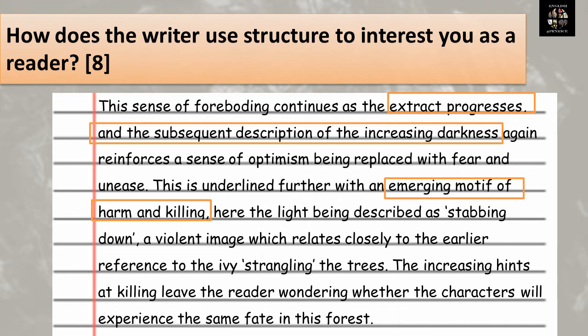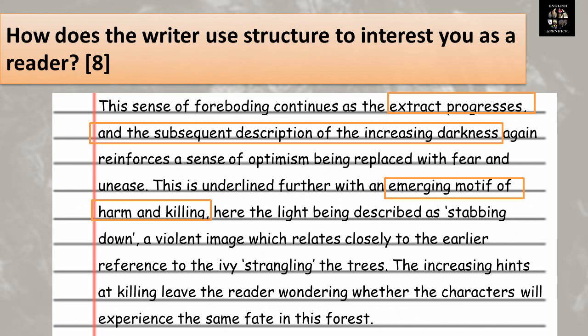Okay, so again, I've picked up on some key structural features. The progression of an idea, the description that comes after another description to intensify the effect. And as well, I've picked up on a motif here, which is a key structural feature too. And again, I've tried to talk about the effect of these structural features.